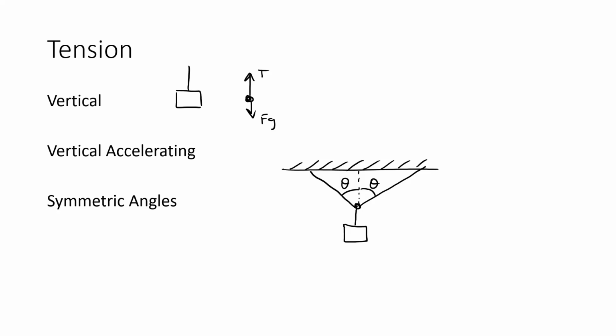Just to show you guys, this is 10 newtons straight down. Roughly, again, these are sort of stage scales. So 10 newtons force of gravity pulling down, 10 newtons tension directly upward. This is a straight up and down vertical problem.